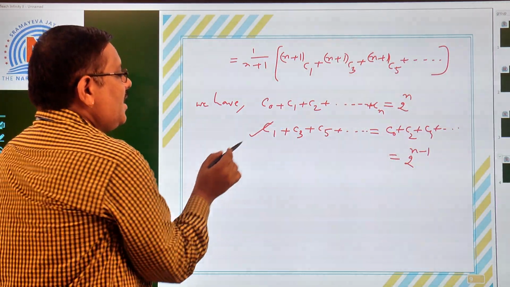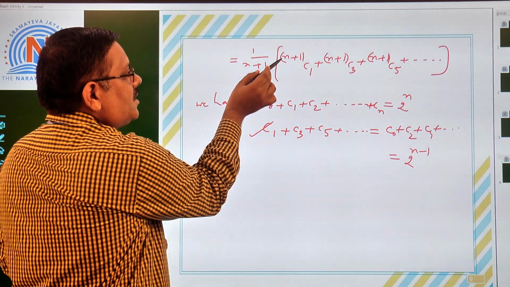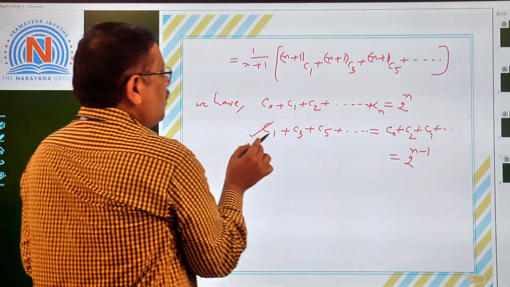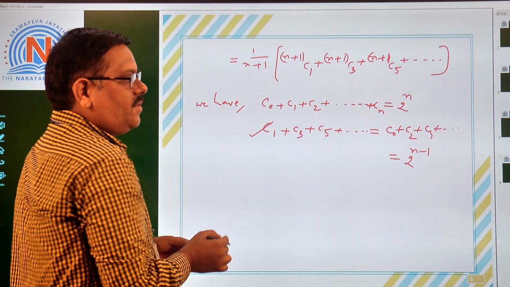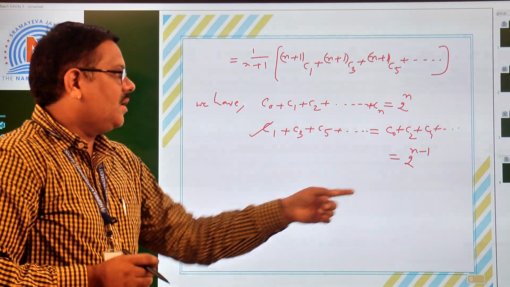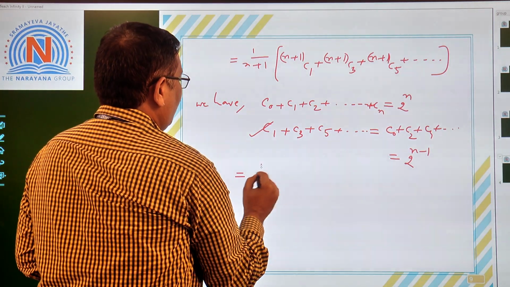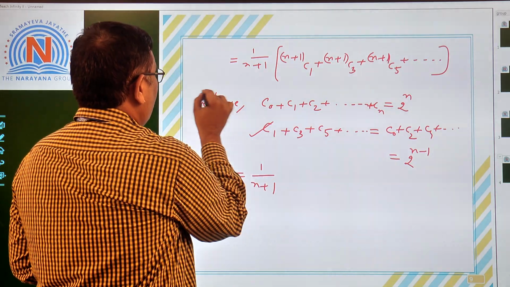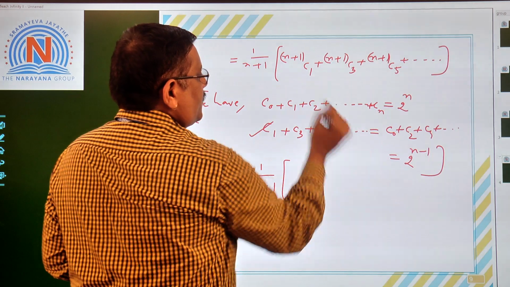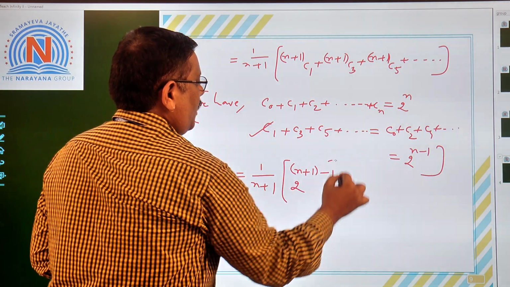How can you use that? It is NC1, NC3, NC5. If you look at this, it is n plus 1 C1, n plus 1 C3, n plus 1 C5. So simply, you have to replace n with n plus 1 here. That's it. So this expression becomes 1 by n plus 1 times of, the entire expression we can write as 2 to the power of n plus 1 minus 1.